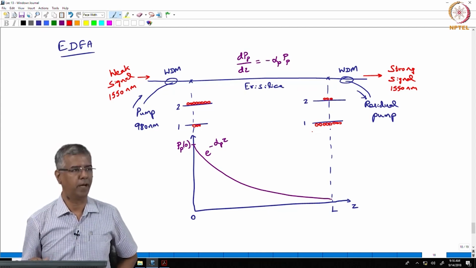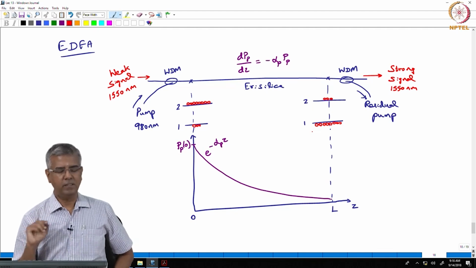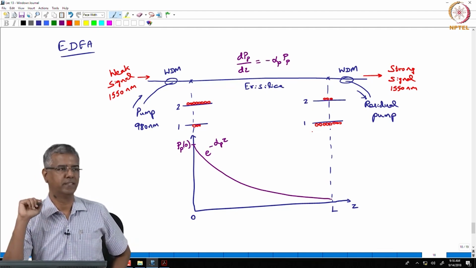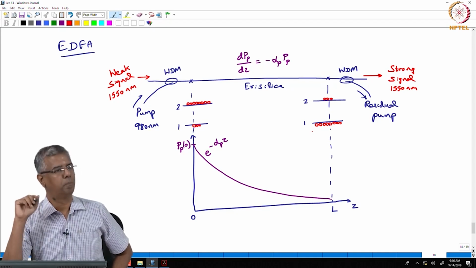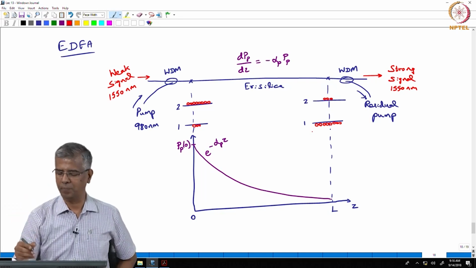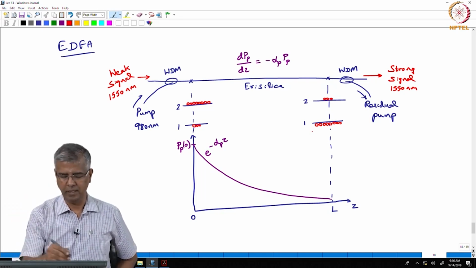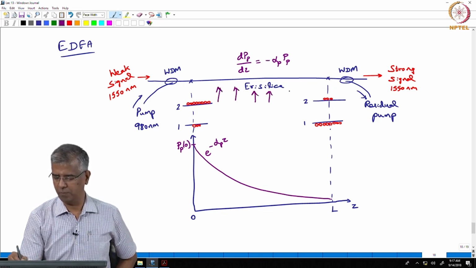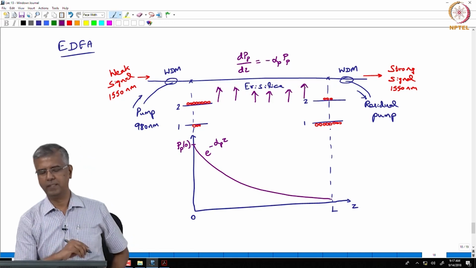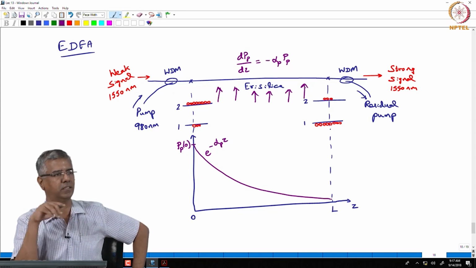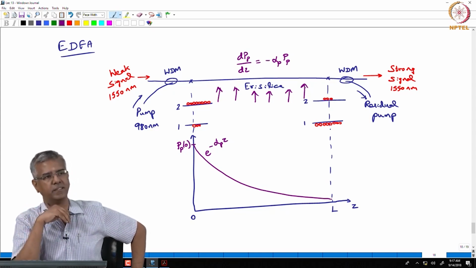in a real amplifier. If you want a constant inversion, what would you have done? Pump from the side, right? If you sent in pump radiation from the side of the fiber, you could possibly have maintained constant inversion, uniform excitation.